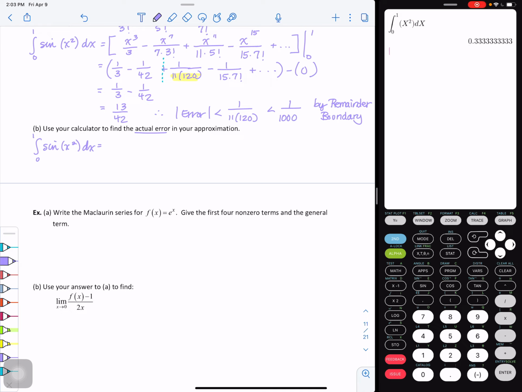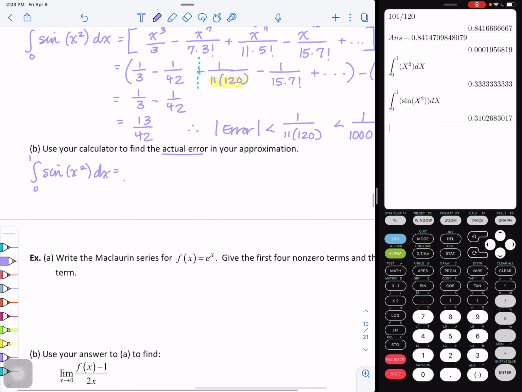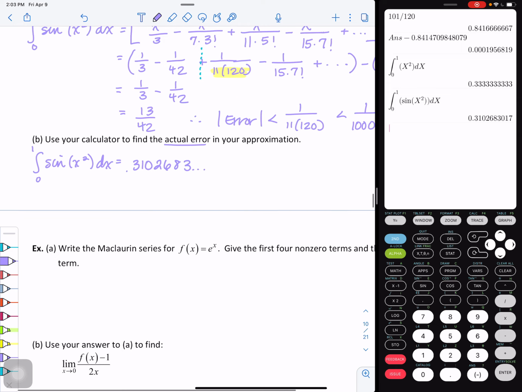Oh, I didn't do that right. I was going to say, we need the sine of x squared. There we go. And we get 0.3102683. We'll let our calculator keep all of those decimals.